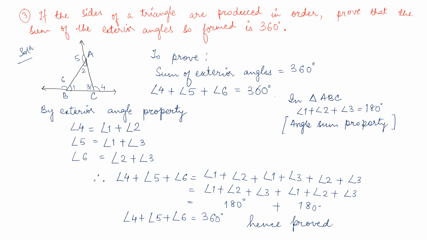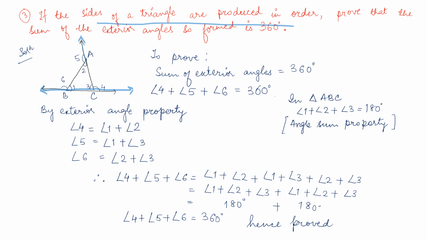Talking about question number 3. If the sides of a triangle are produced in order, prove that the sum of the exterior angles so formed is 360 degrees. If the sides of a triangle are produced in order, it means all the sides are produced. So if triangle ABC is given, I am extending BC, I am extending AC, and I am extending CB in the opposite direction.